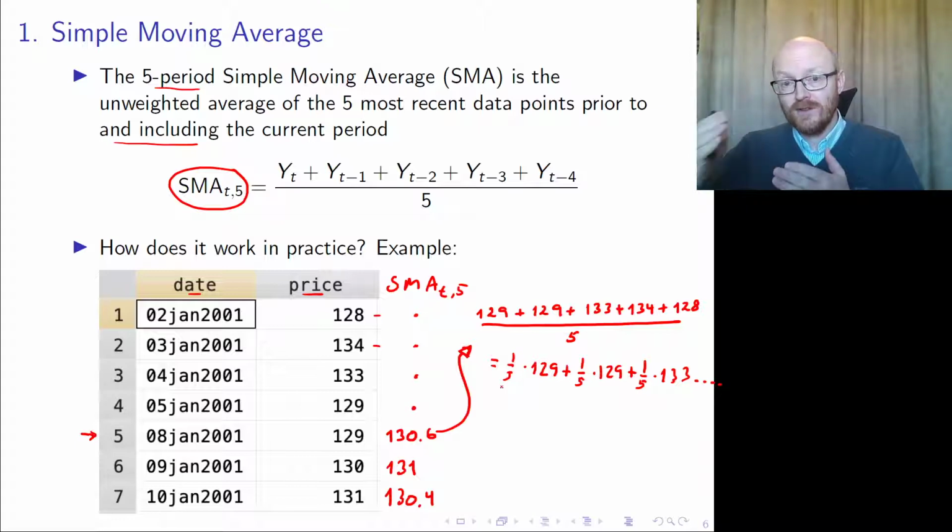And after you have included these 5 data points, the older data points are given a weight of 0, right?